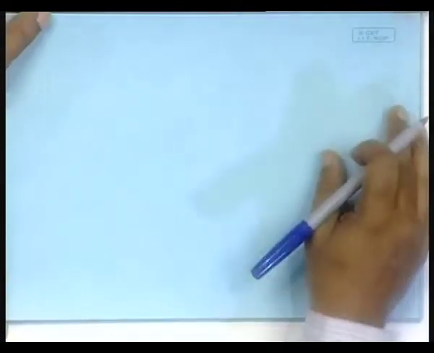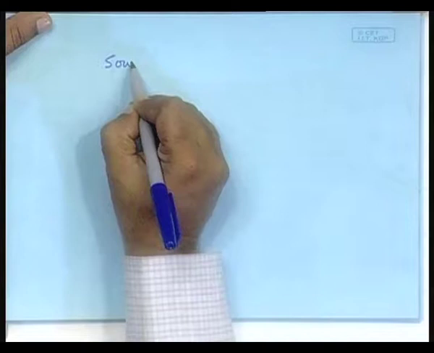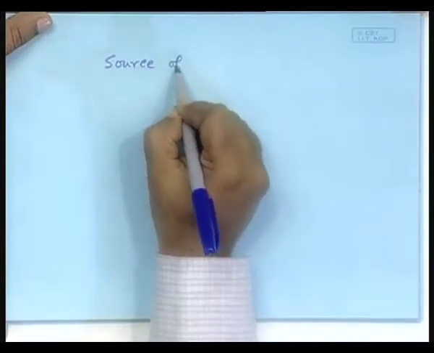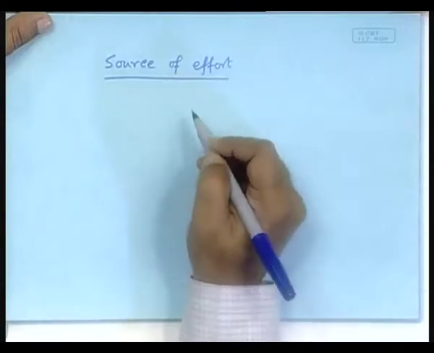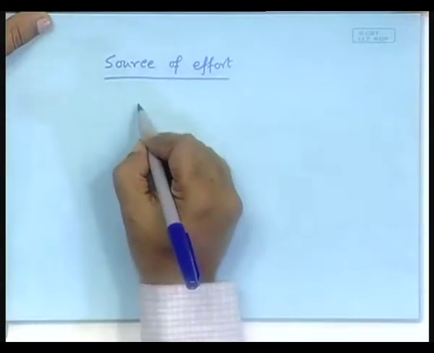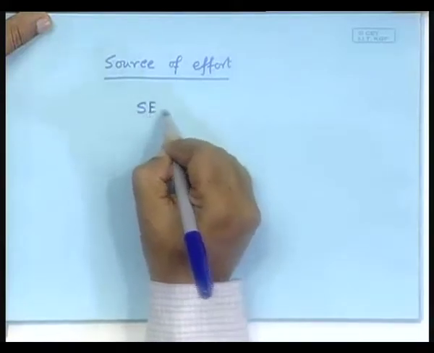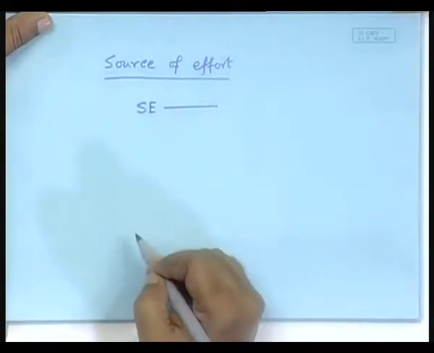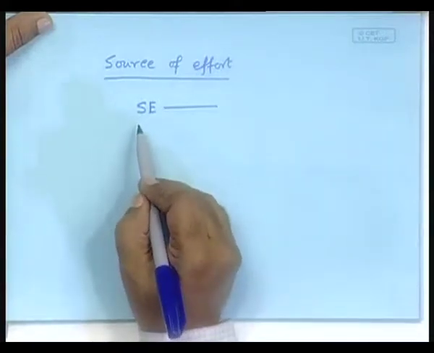Similarly, we have two other elements that can be represented in a similar way, that is the source of effort. The source of effort will be represented as, just note the symbol, SE connected to a bond. What is the property of this SE element, source of effort?